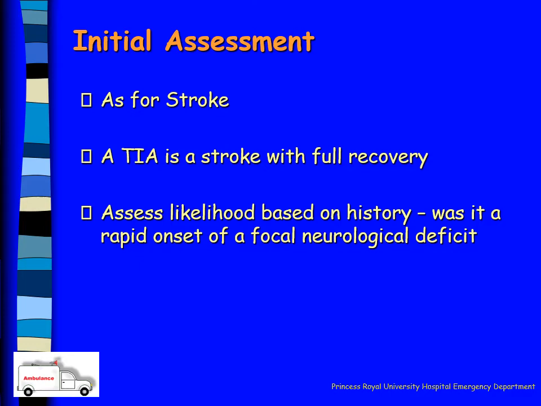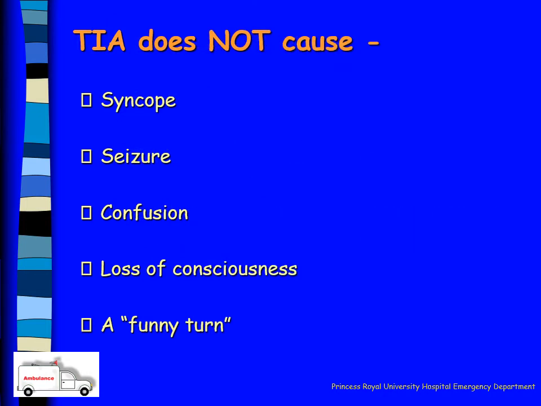In the same way, a stroke or TIA does not cause syncope, does not cause seizures, it does not cause confusion, does not cause loss of consciousness or a funny turn. If a patient presents with any of those things, it will not be a stroke or a TIA. You must think about other causes for it.